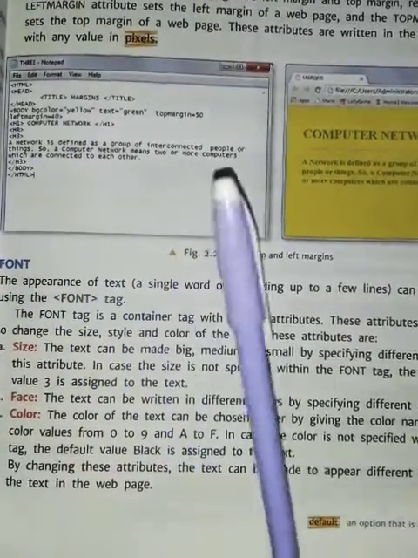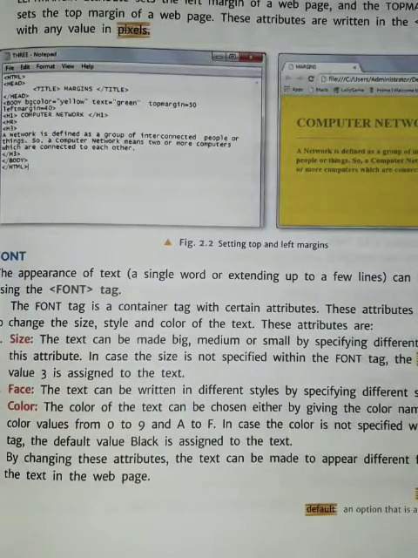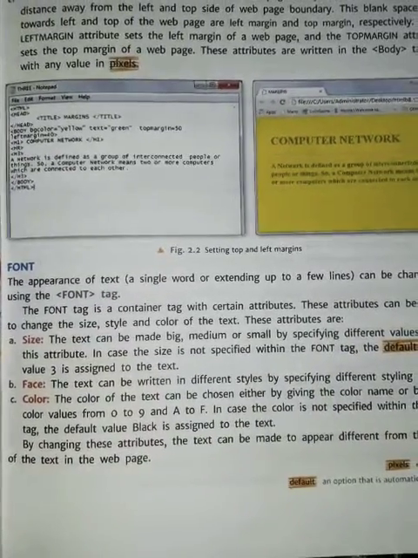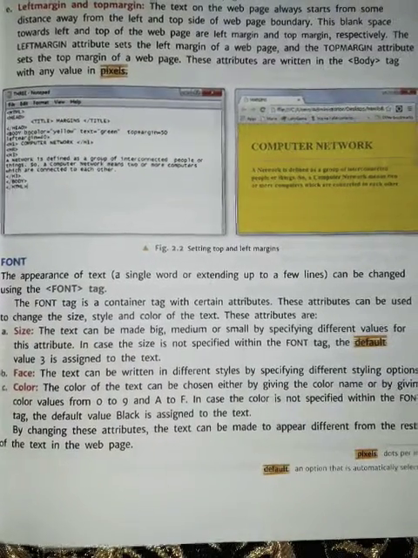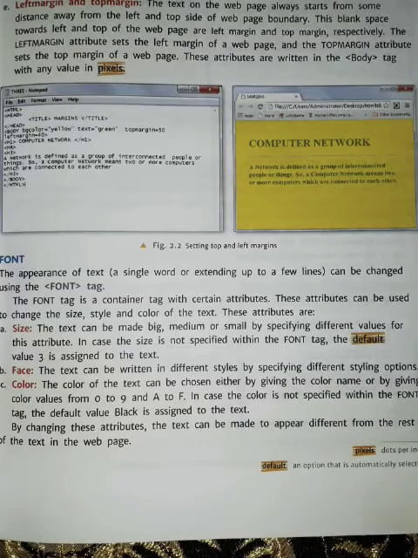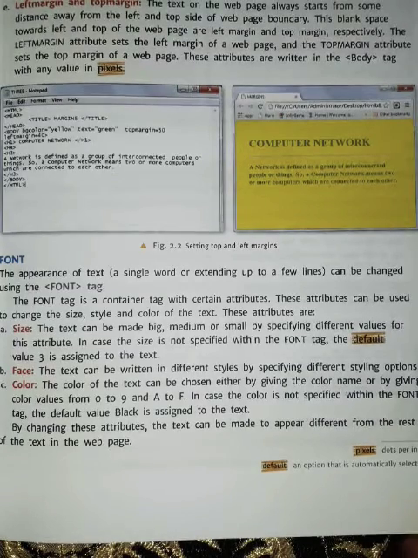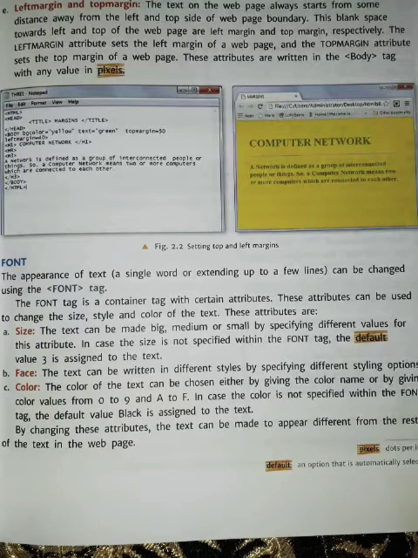Now next, students, the font tag. As you know, the font is the appearance of our text, and we can change the appearance and style of the font. The appearance of the text can be changed using the font tag. The font tag is a container tag with certain attributes. These attributes can be used to change the size, style and color of the text.